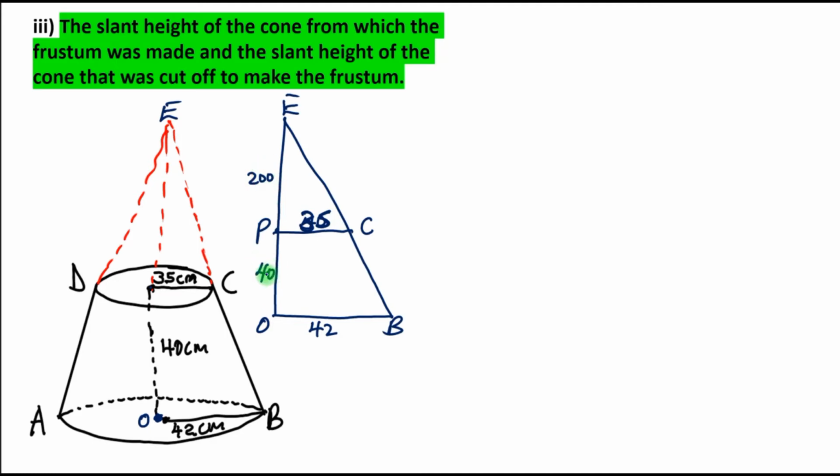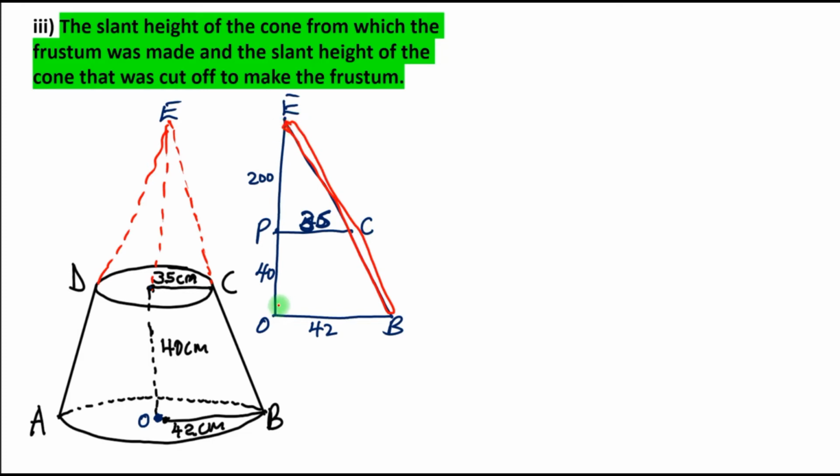Now to get the slant height of the cone from which the frustum was made, that means it's the whole length. This is the length that we need to find.